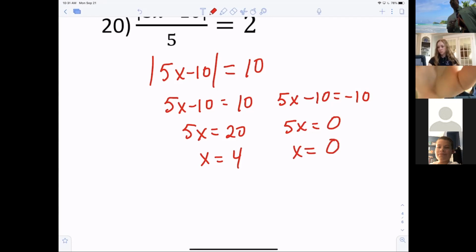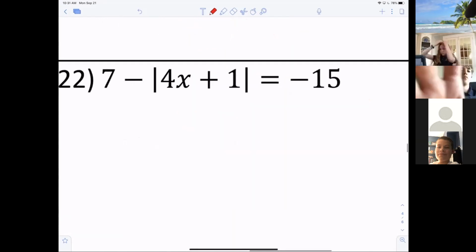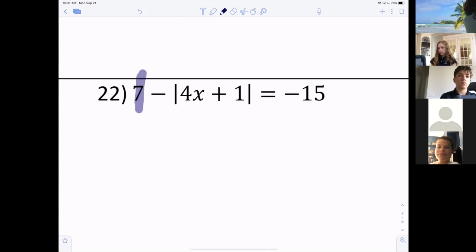I'm happy with that. All right, Davis, let's see how you're doing. All right, 22, buddy. What do I have to do first? Okay, first what you do is 4x plus 1 in the two lines. That's our absolute value. What's in the way? I'm highlighting something. Did you not see this guy right here?